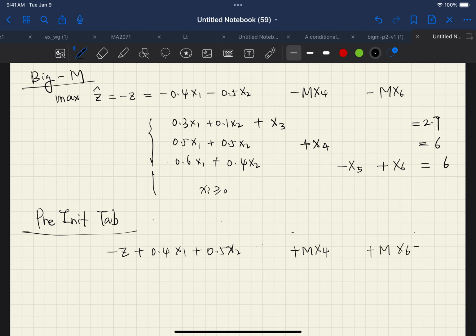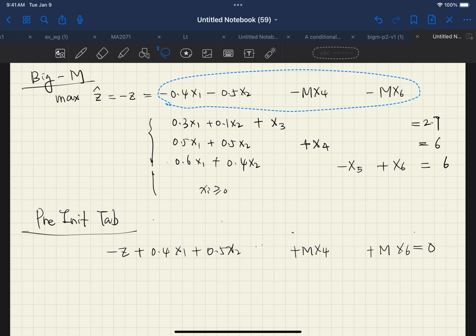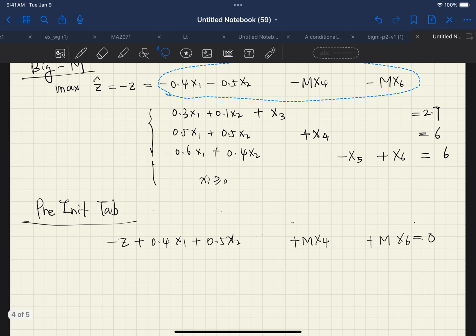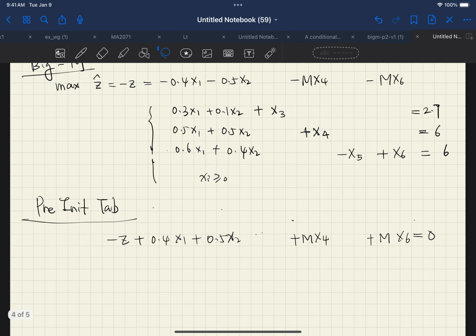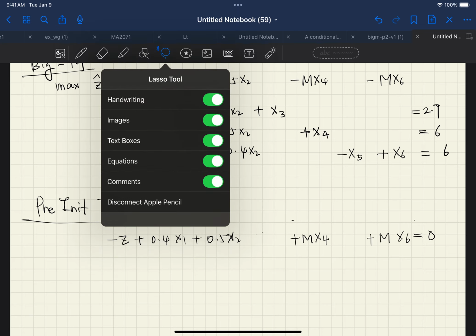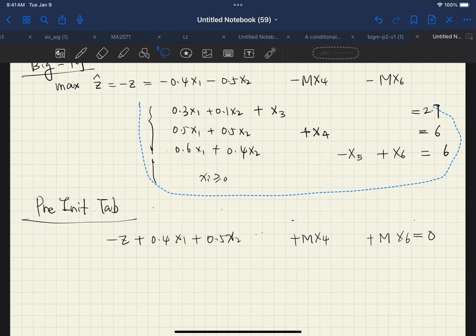For the tableau we want to put the whole thing on the right-hand side to the left-hand side and leave 0 on the other side, and then we can just copy the whole thing here.